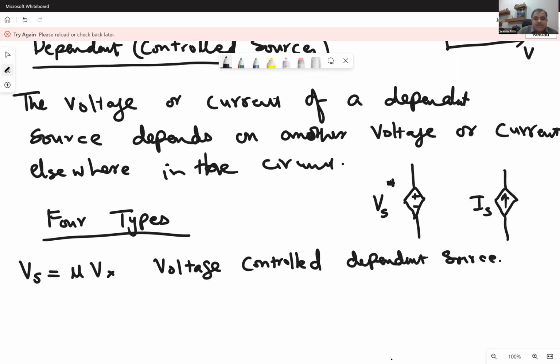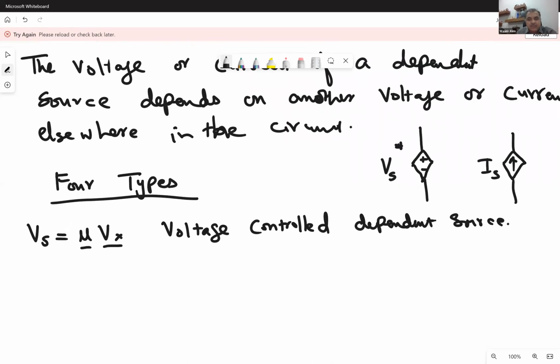So basically there'll be some quantity within the circuit. So it will be another voltage source multiplied by some constant value is how that value is described. Okay. So that's one of the types.